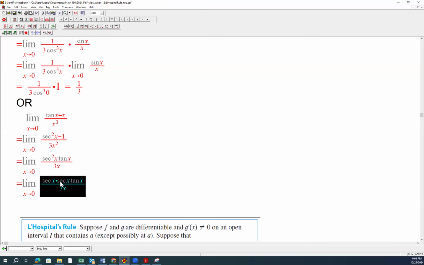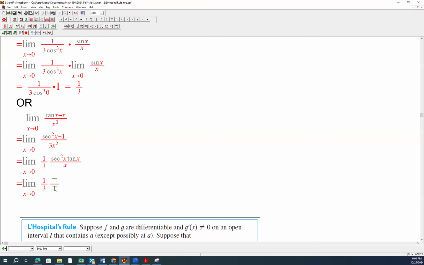Let's just get rid of this, and you can take the 1/3 outside the fraction. So I'm only going to apply L'Hopital's rule on this piece. This is the first time, the second time, and I'm going to use it the third time. On the third time, I'm leaving the 1/3 outside. I'm applying L'Hopital's rule on this piece.